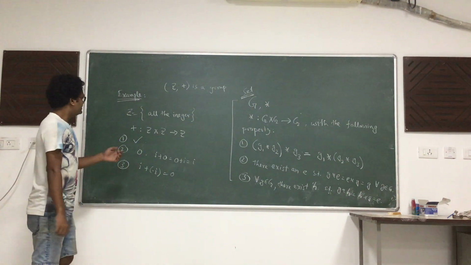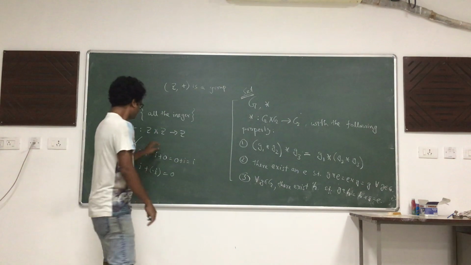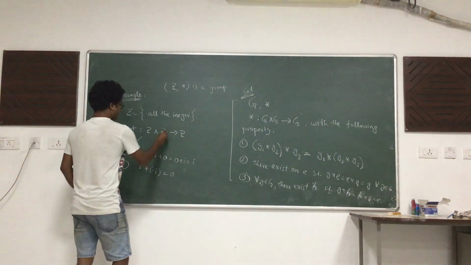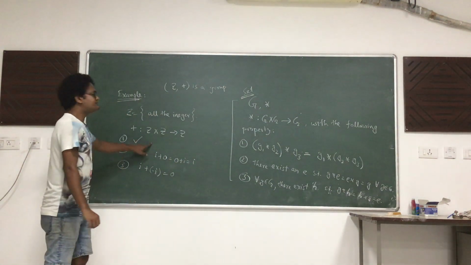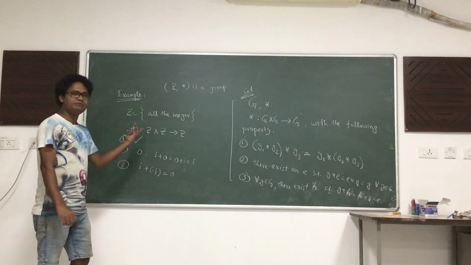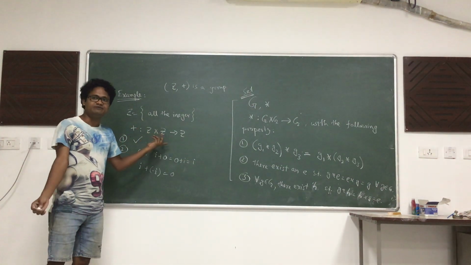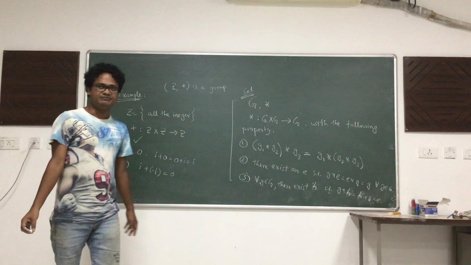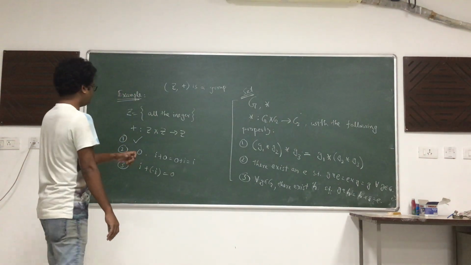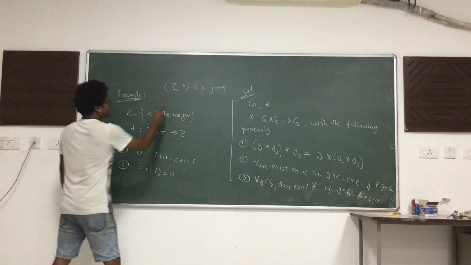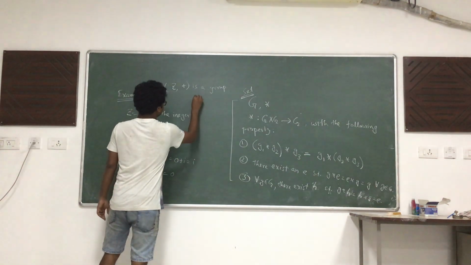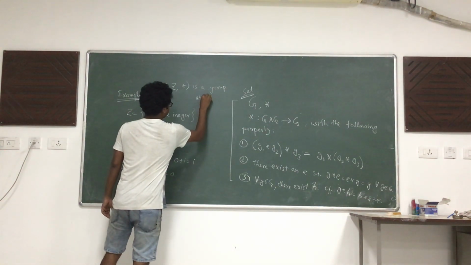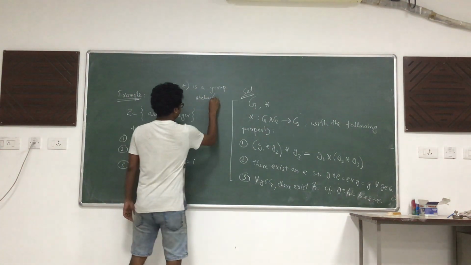Here we can say that this is a commutative group because a plus b and b plus a give us the same number. So a plus b is equal to b plus a. So this is not only a group, but an abelian or commutative group.